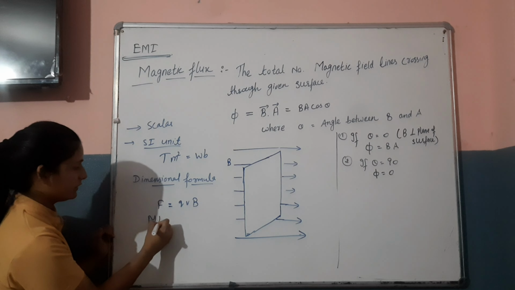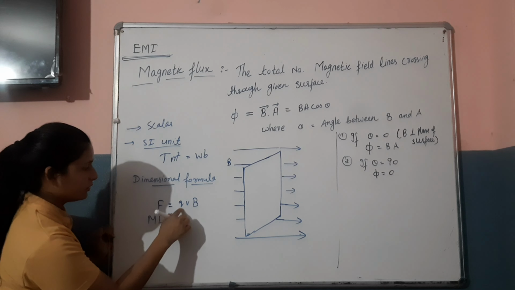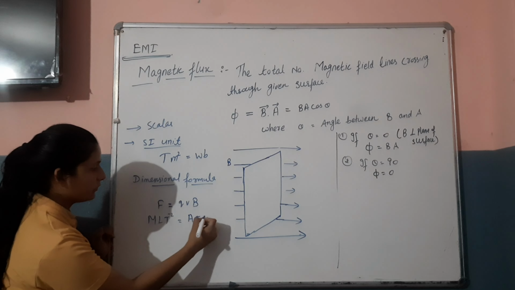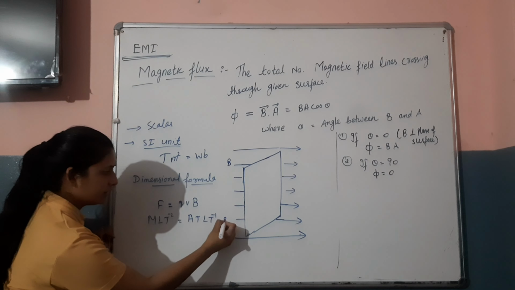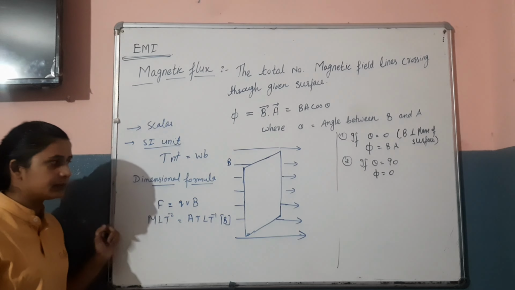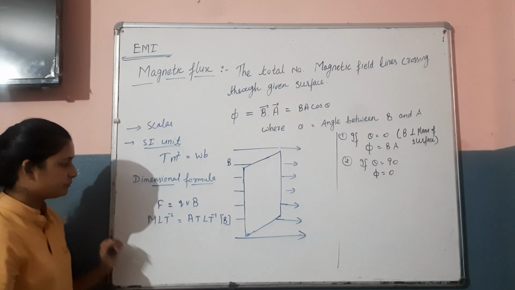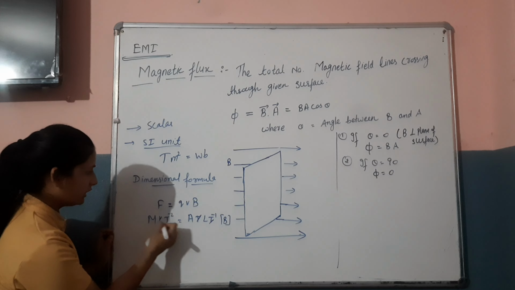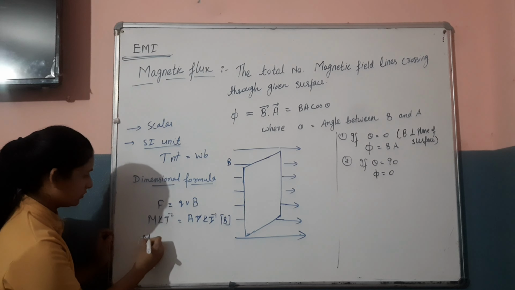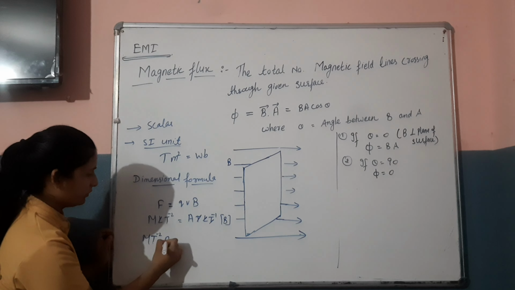Dimensional formula of F is MLT minus 2, for Q it is AT, for V, LT minus 1. Keep B as it is because we are supposed to find the dimensional formula of B. So here T and T inverse cancel out, L cancels out. So there is M T minus 2 A inverse.